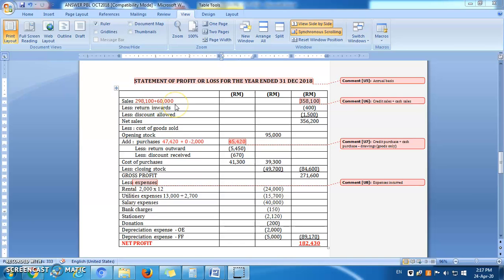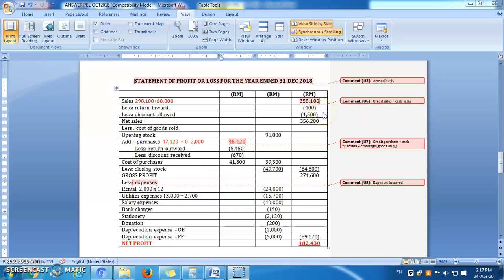The second figure, 60,000, is from our bank account. If you refer to your question, we have a cash sales of 60,000 ringgit. So both must be included in our SOPL here.